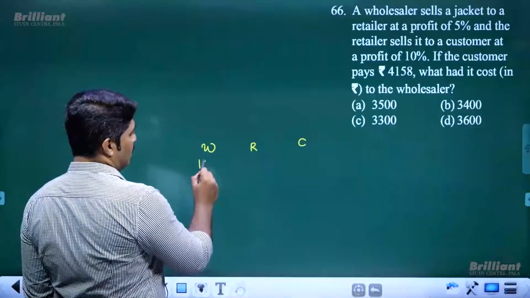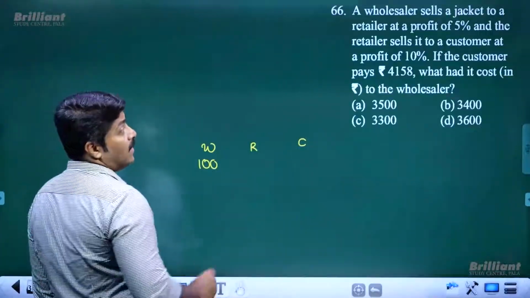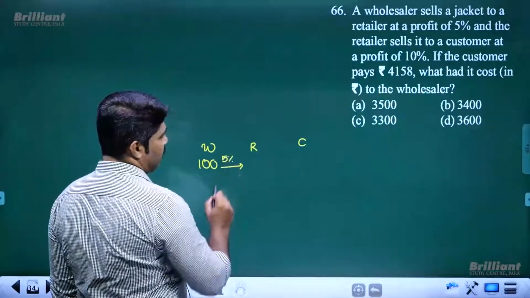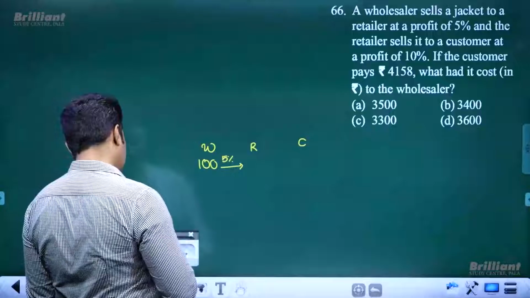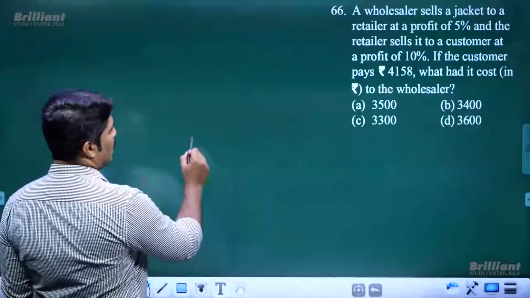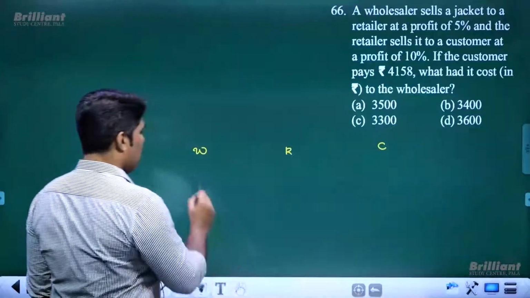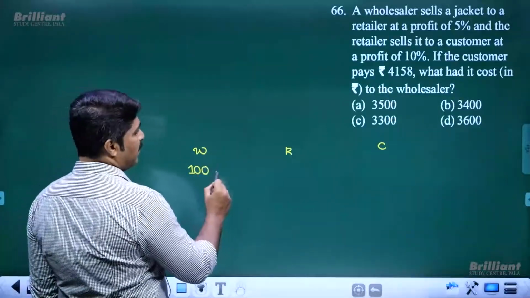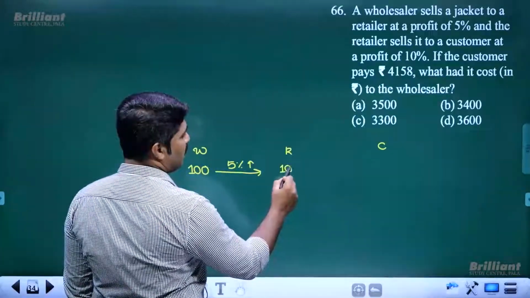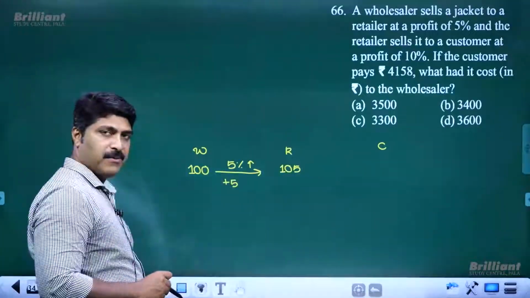Suppose the cost spent by the wholesaler is 100. He sells it to the retailer to make a profit of 5%. So what's the profit here? Wholesaler spent 100 rupees, and there is a 5% profit here, so it is 105. 5% of 100 is 5 rupees.